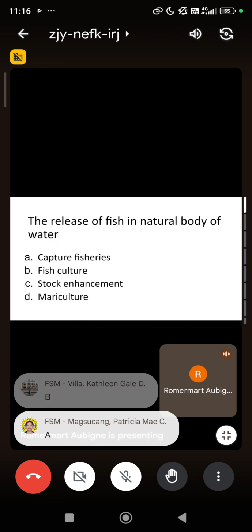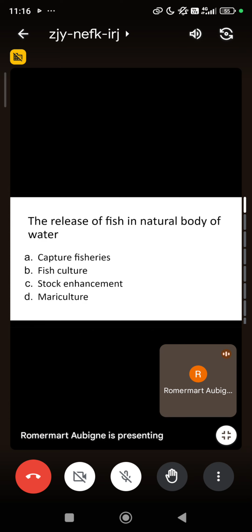Next, natural body of water. We call this as A. Capture fisheries. B. Fish culture. C. Stock enhancement. Or D. Mariculture. The release of fish in natural body of water.